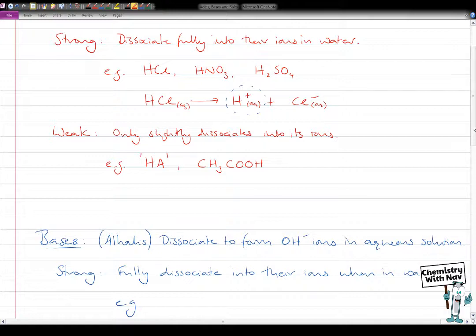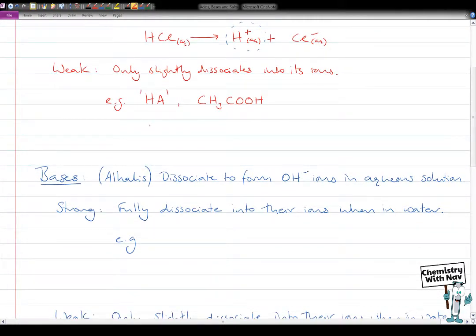Now, because there's only this very slight dissociation, it's an equilibrium. So CH3COOH is in equilibrium with CH3COO- and then the H+. Again, this is all aqueous, and it's that H+ ion that causes the acidity.